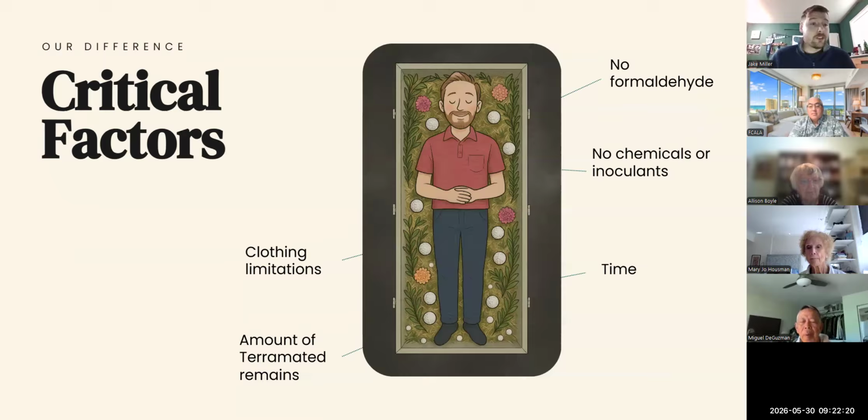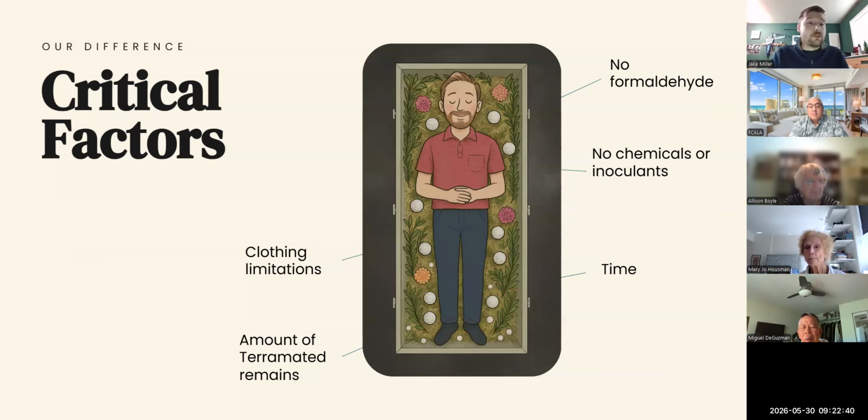Other considerations are clothing limitations. Woven fiber clothes, like we're all wearing here, I assume, don't break down in terramation. In lieu of that, we use what we call a wisp. We'll wrap somebody in a soft, non-woven cotton gown as they're placed into their vessel.